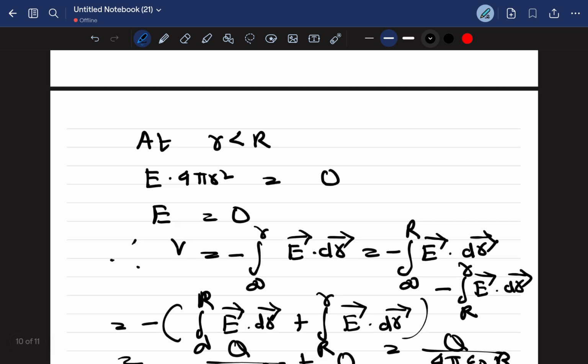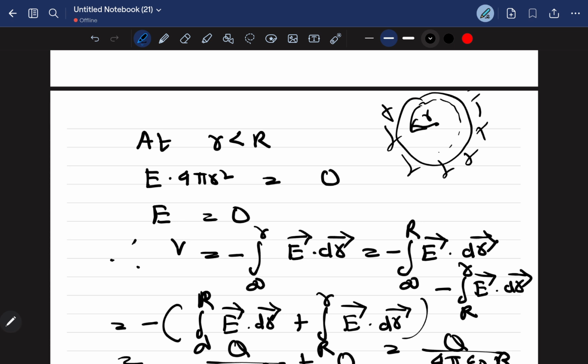Now we come inside. Here, if we draw a Gaussian surface inside the shell, this is the Gaussian surface of radius r, and this is the metallic shell of radius R. So r is less than R. You can see that the charge enclosed by this Gaussian surface is 0, so q by epsilon naught is 0.